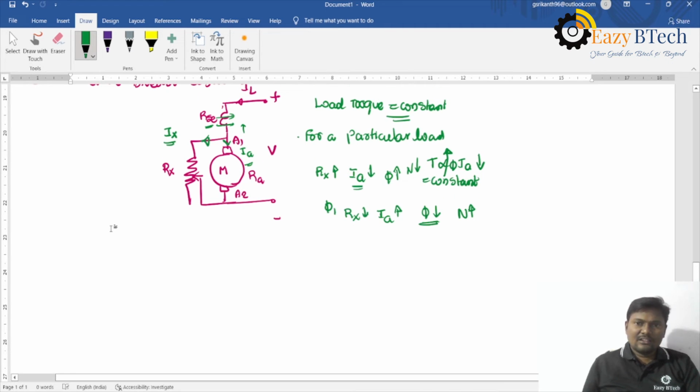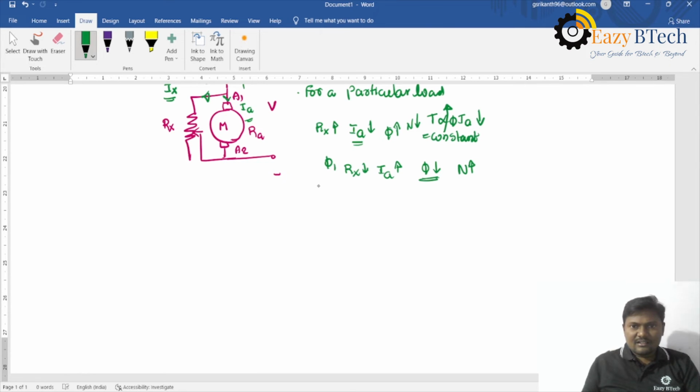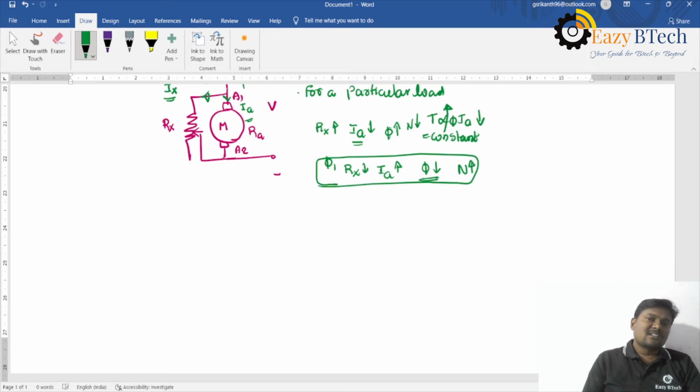Speed will increase, but we are adding an external resistance. When Rx is added and its value increases further, Ia decreases further, the flux increases further, and the speed decreases.